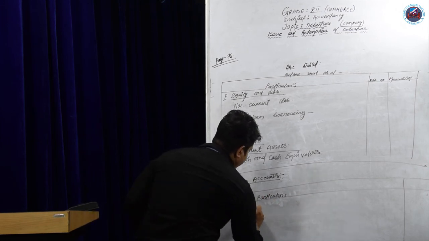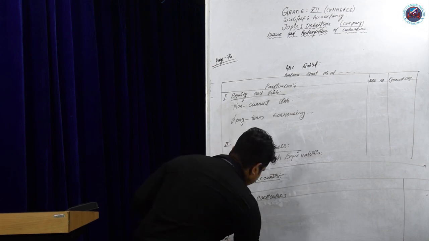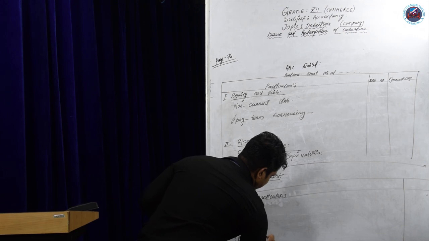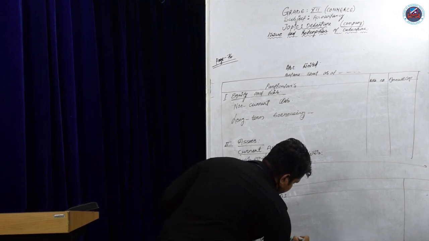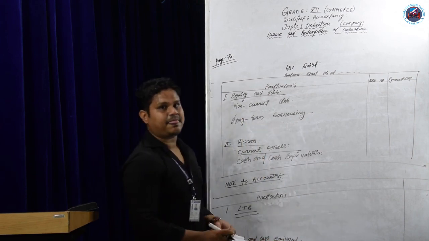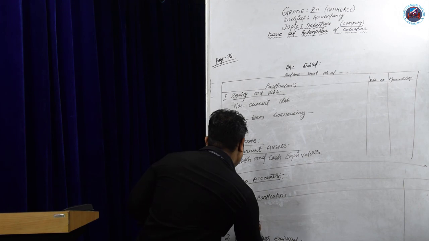And number two is cash and cash equivalent. So here, how much debenture is issued?